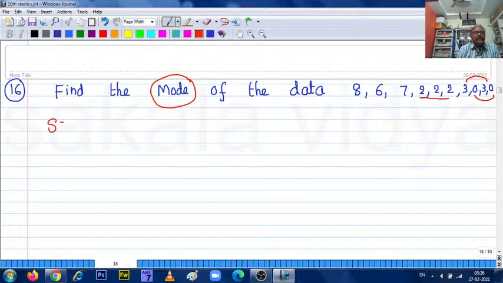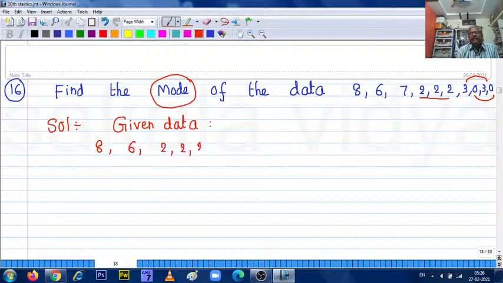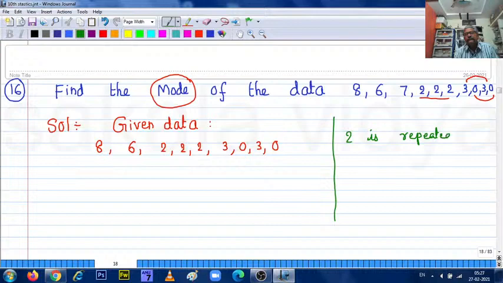Now write the solution. Given data: 8, 6, 2, 2, 2, 3, 0, 3, 0. Here in our observation, 2 is repeated for the maximum number of times.